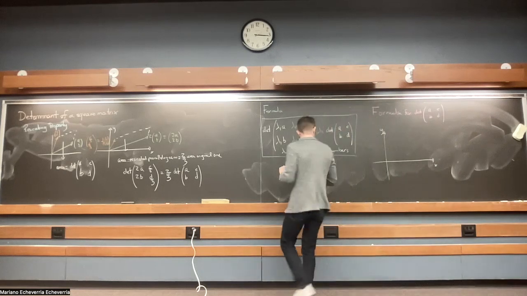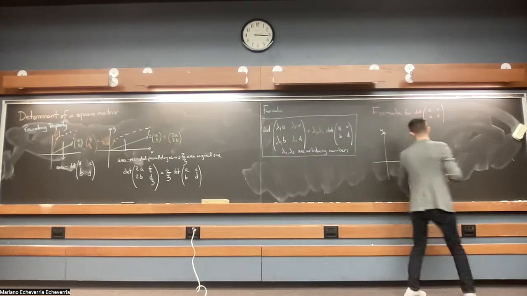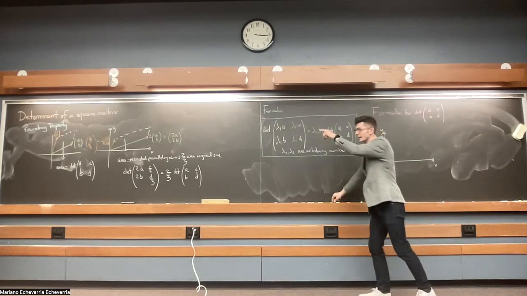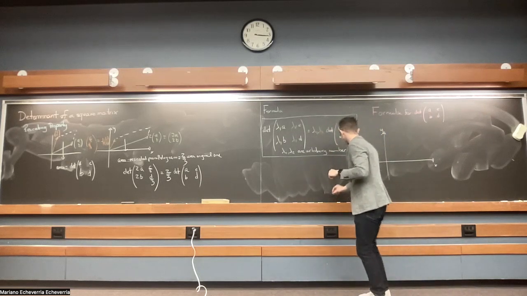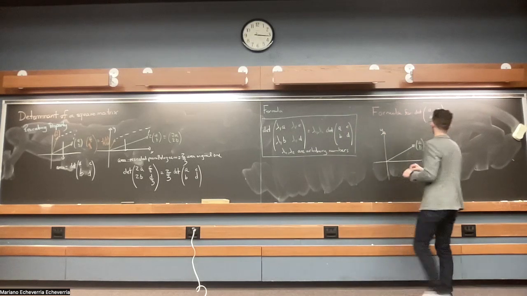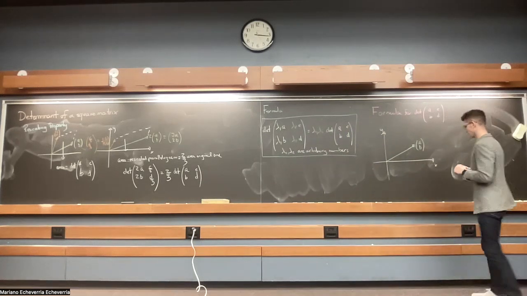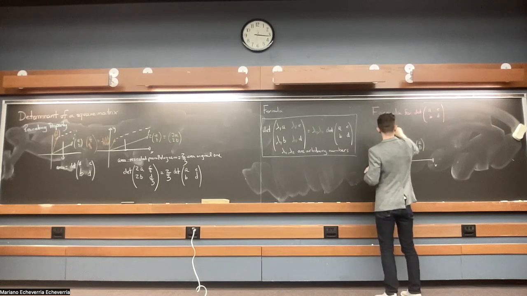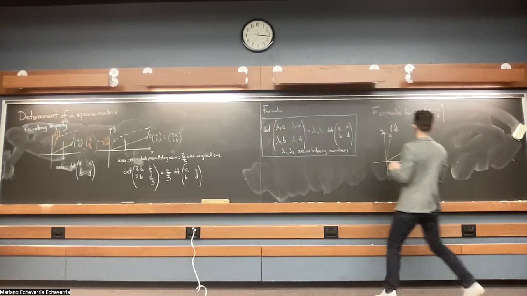So again, we have the vector AB. One of the green vectors is AB. Here's EB.